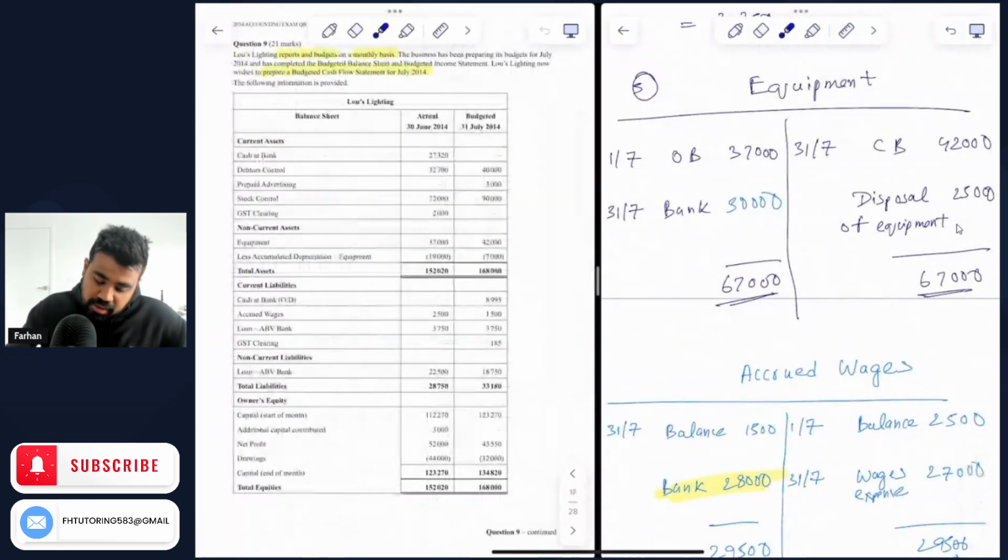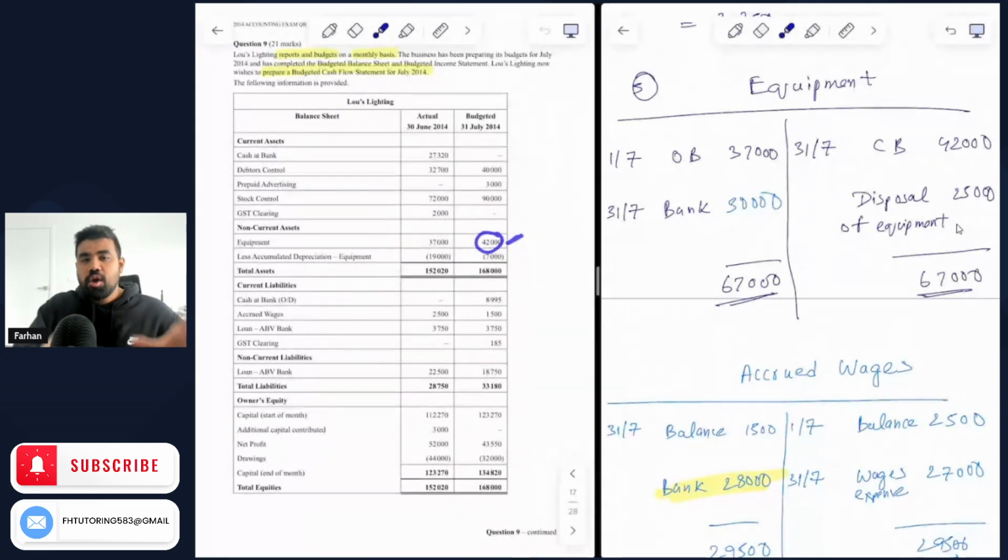The balances for equipment that we are given here at 30 June 2014 are $37,000 and $42,000 at 31 July 2014, which are the original costs for these equipment. And by the end of 31 July 2014, this $42,000 should already have the effect for the old equipment removed, because we have already disposed the old equipment.